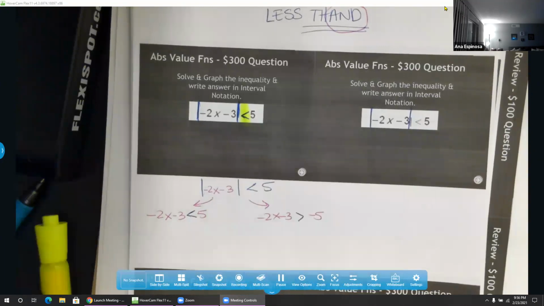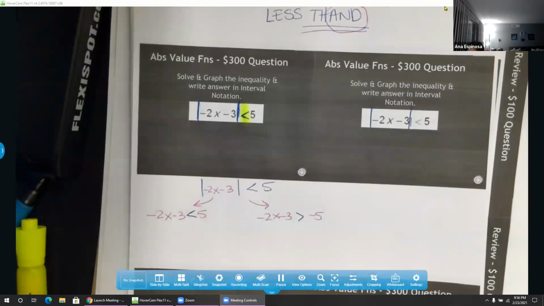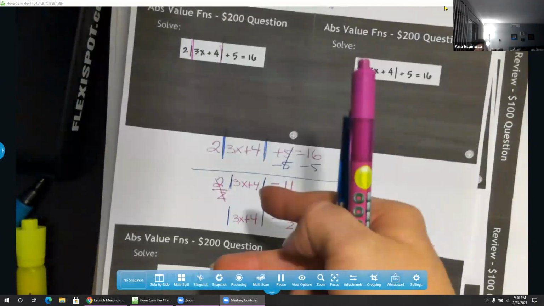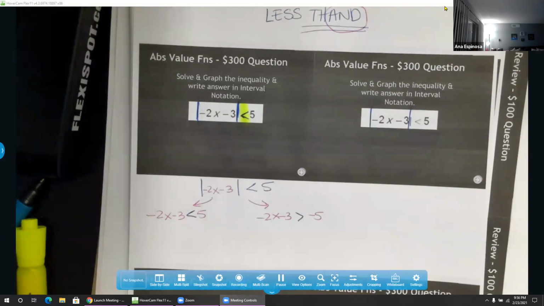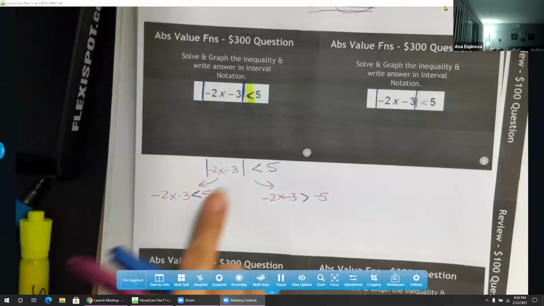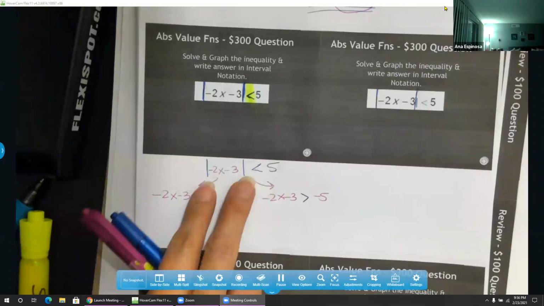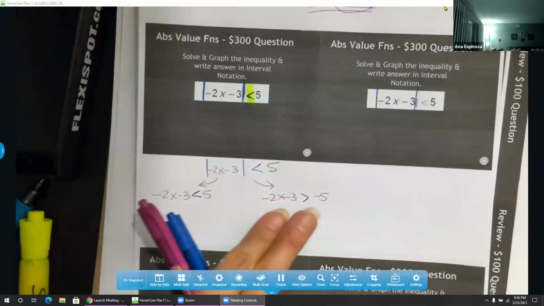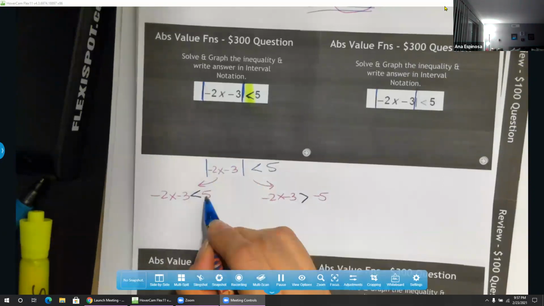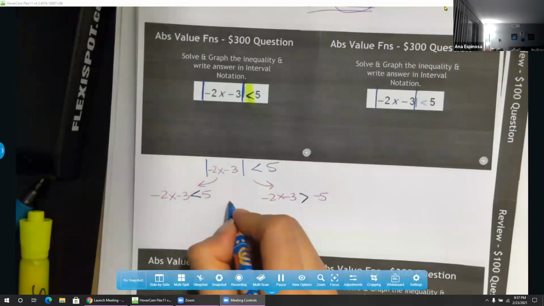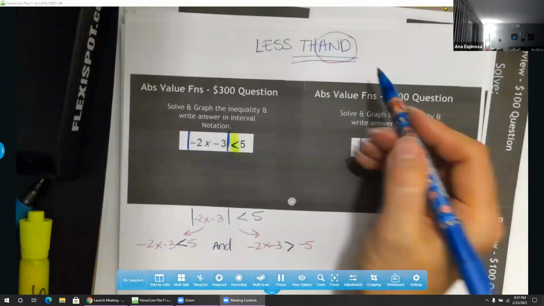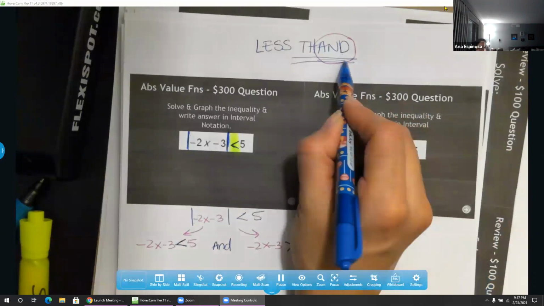You don't flip with the equal sign, there's no need to flip there because an equal sign, no matter how you flip it, is still an equal sign, okay? But when you're dealing with these inequalities, you copy and paste what you see without the bars, and then you make another one by flipping the inequality to the other side, and then you make this side negative. You also put an and in the middle, which is why this is called a less than. It's a less than, but I'm putting it down so that you remember it that way.